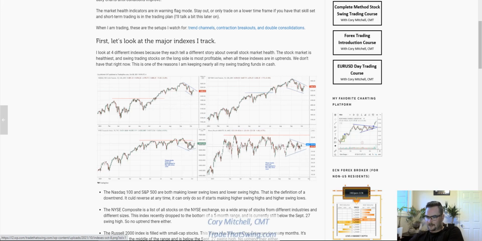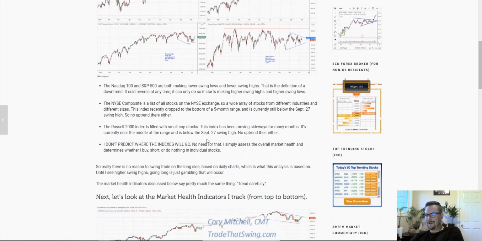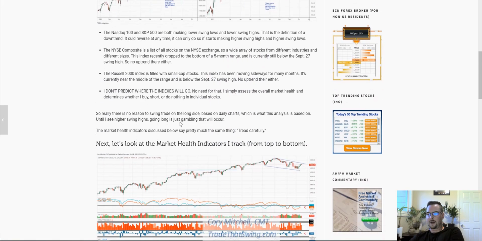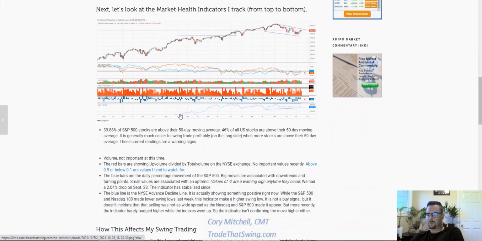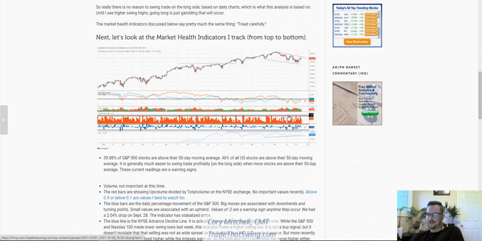The NASDAQ's kind of moving sideways after a drop to the bottom of the range. So nothing real bullish here. Based on this, I'm going to reserve my capital for better times, so I'm not going to deploy a lot of it swing trading.